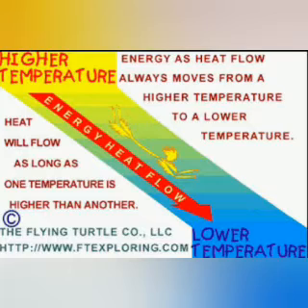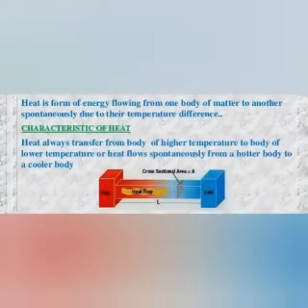Similarly, when we touch a cold object, transfer of heat takes place from our body to that object. So we can say heat energy always flows from a body at higher temperature to one at lower temperature, and there is no flow of heat energy between two objects at the same temperature.